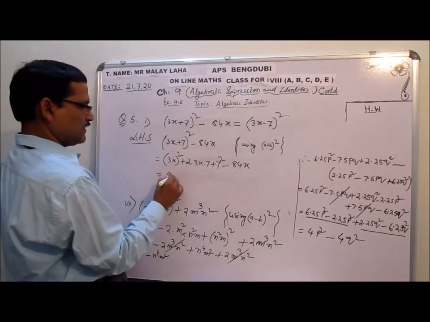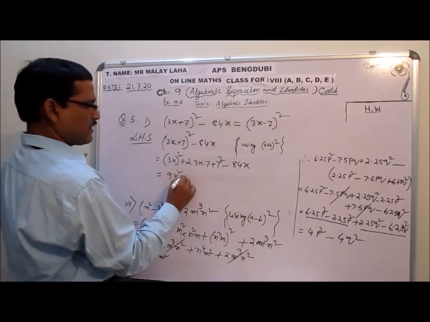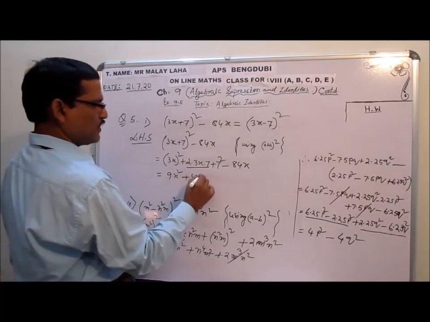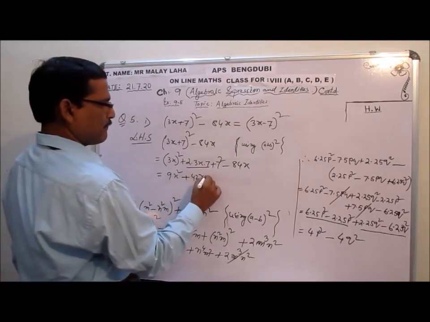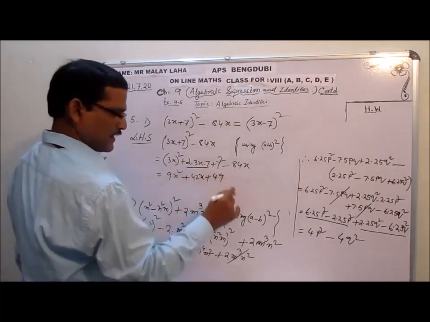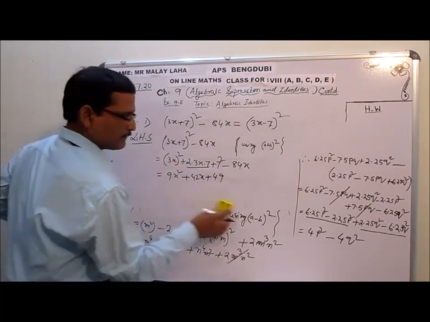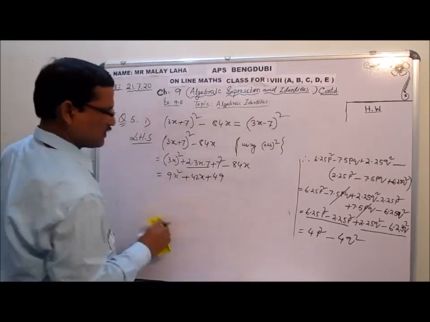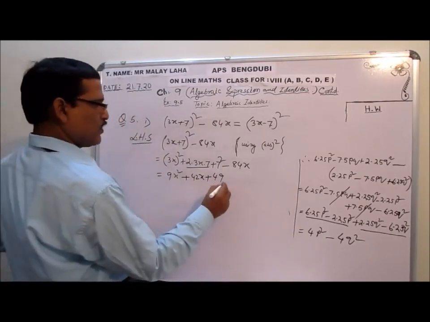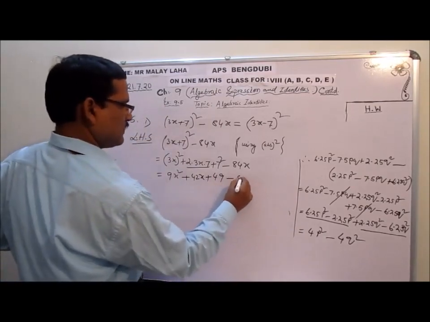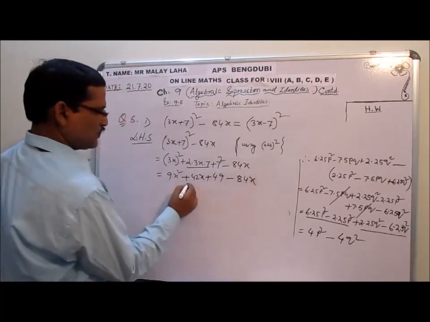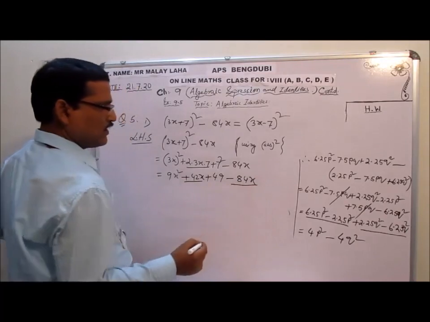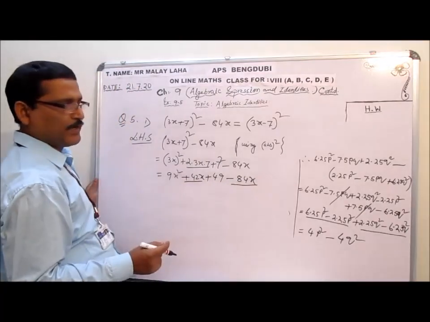Then 3 squared is 9x square, plus what is the result? 6 into 7 is 42x, plus 49. Now 49 minus 84x. So this is plus 42x and here I already have minus 84x.